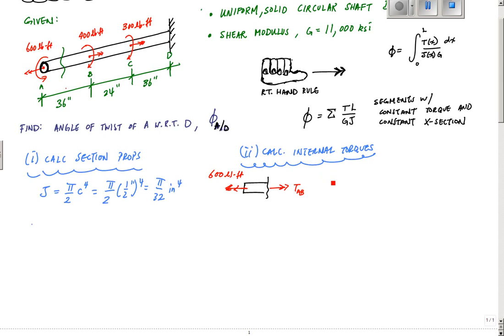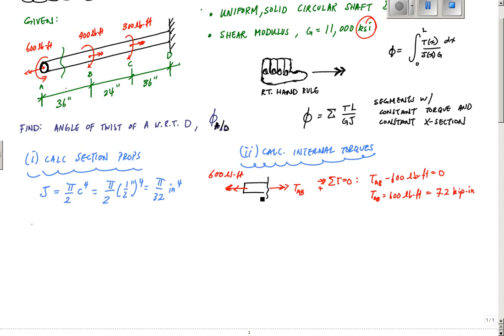So if I sum the torques and call this positive, sum of torques equal to 0, that tells me TAB minus 600 pound-feet equals 0. That tells me TAB equals 600 pound-feet. Let's convert this into kip-inches to match those units over here. That's going to be 0.6 times 12, which is 7.2 kip-inches. So that's segment AB.